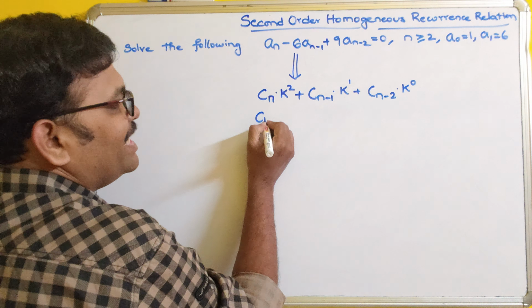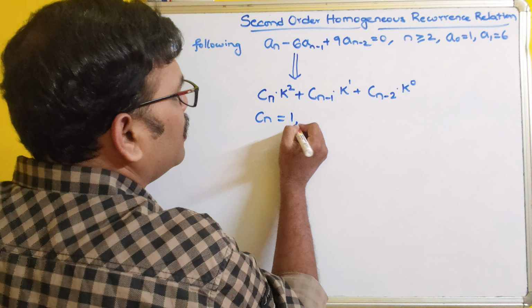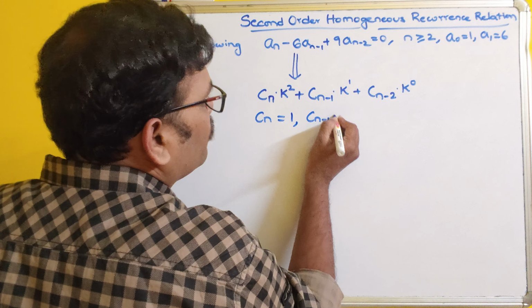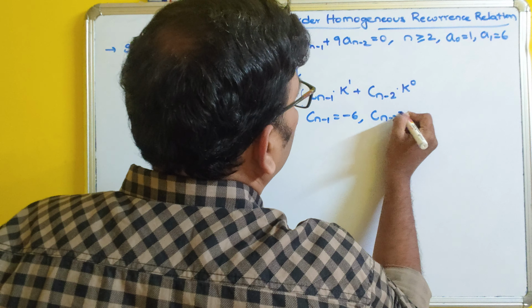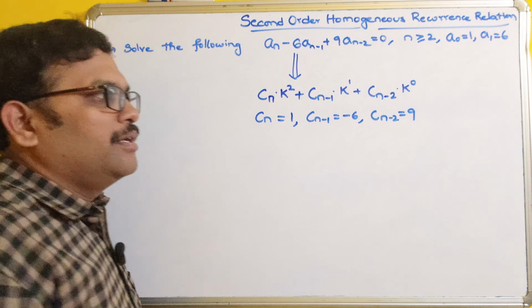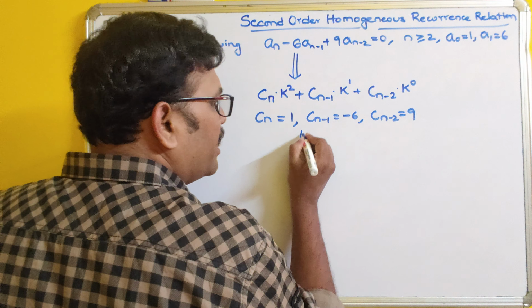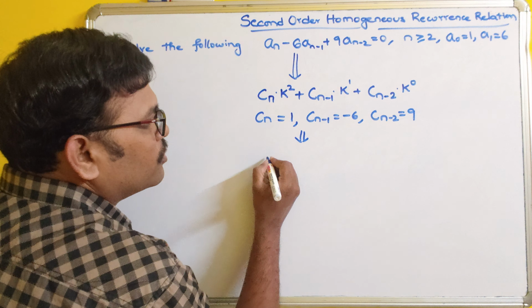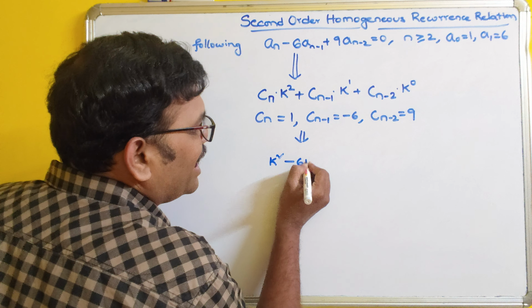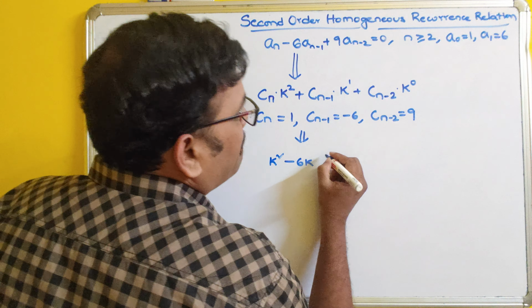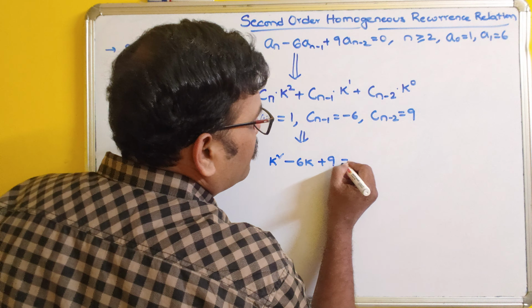Here Cn is equal to 1, Cn minus 1 is equal to minus 6, and Cn minus 2 is equal to 9. Based upon that we get the quadratic equation: k square minus 6k plus 9 equal to 0.